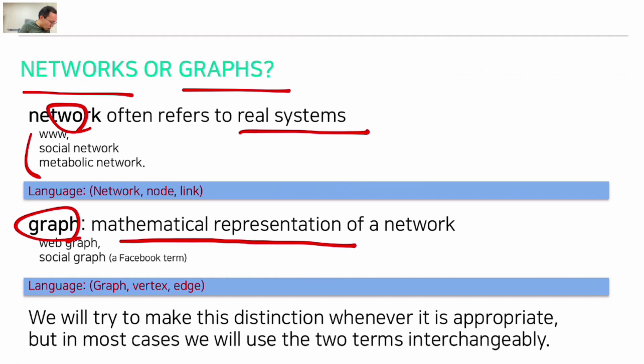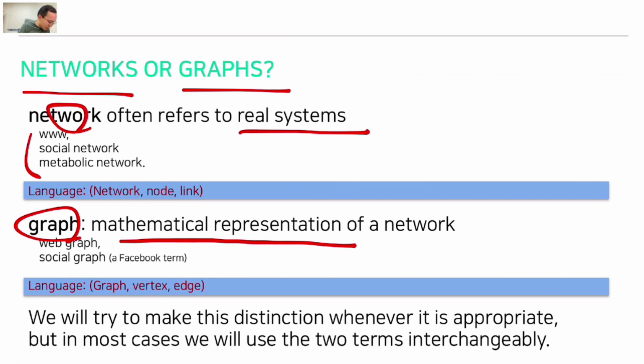So when you need to define the input from a more mathematical perspective, it will be better to say this is graph data. Otherwise, if you try to understand the real system or learn from the data for your application, I would recommend using network.